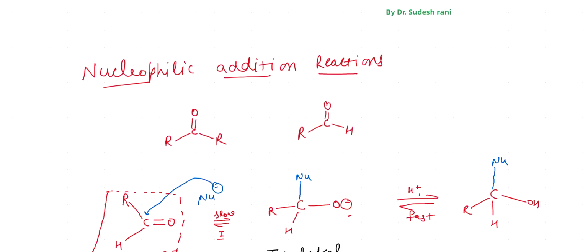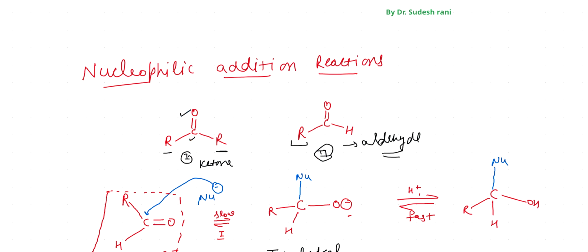Look at the first molecule. This is your ketone, as in this carbonyl group is substituted with two alkyl groups, and the second one is aldehyde. In case of aldehyde, the carbonyl group is always substituted with only one alkyl group. This carbonyl group is quite polar due to the electronegativity difference between carbon and oxygen.